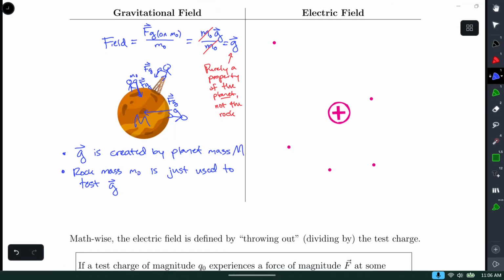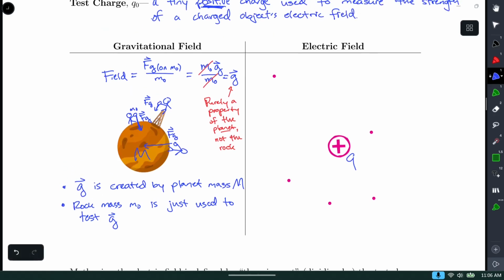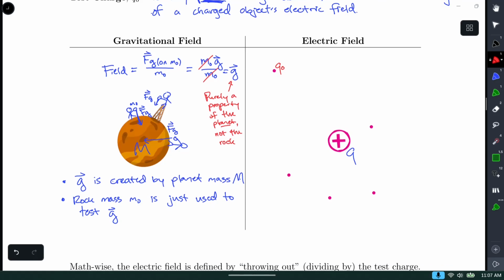In this case, it's not some mystery planet I want to characterize, it's some mystery charge. We'll call it big Q. I say it's creating this electric field around it. I can't see that field, but I do want to know about it. So the only option I have is to take a little test charge. This is my rock I pick up. And I just hold it at different places around that big charge and see what happens to it.